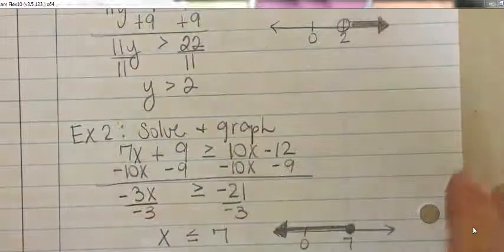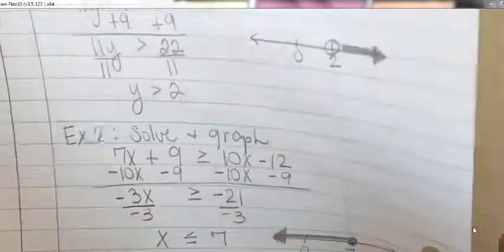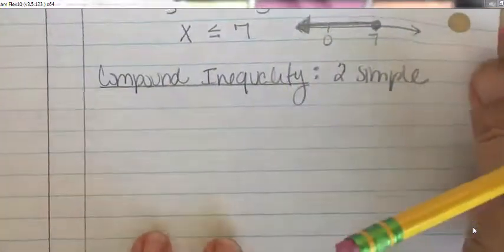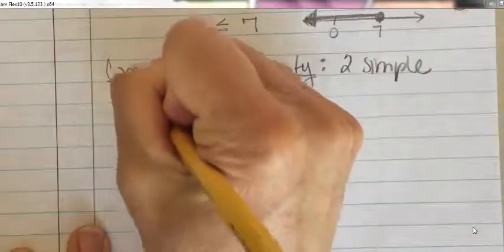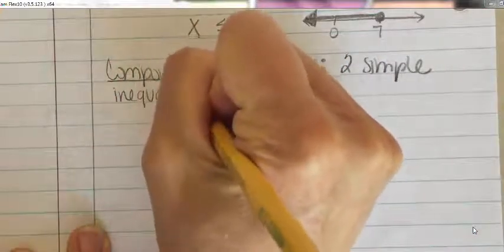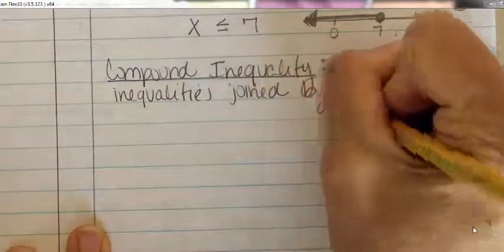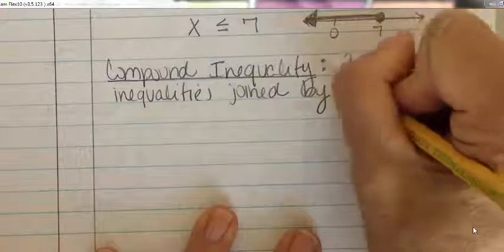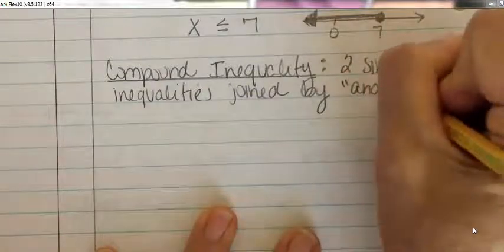We're not graphing these in the coordinate plane with x's and y's. It's just on a number line. It's pretty simple. And here's a couple of examples.